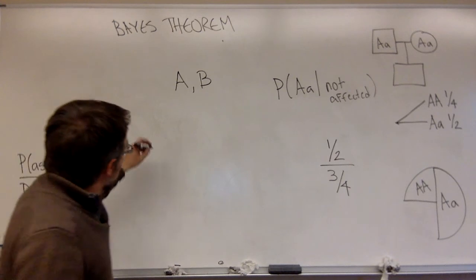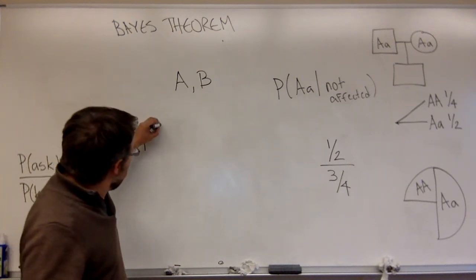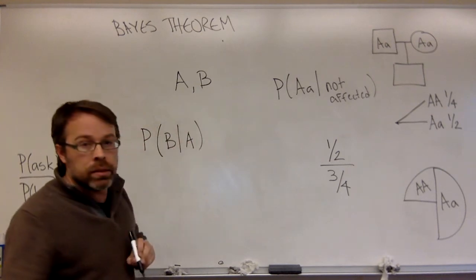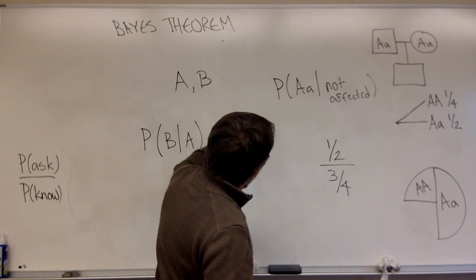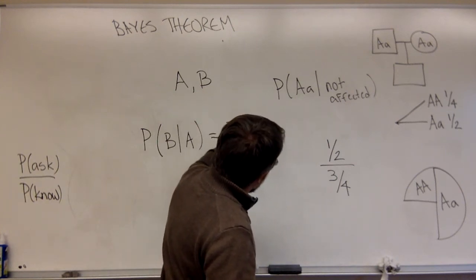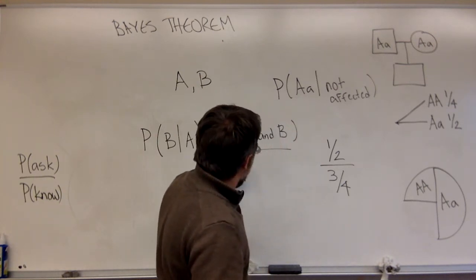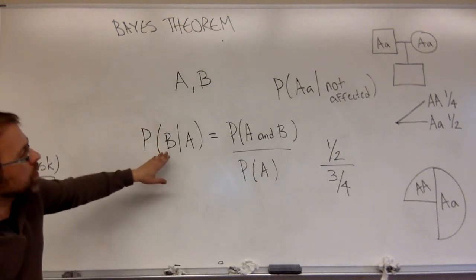So what we're going to say generally is the probability of B given A is equal to the probability of A and B divided by the probability of A. So see how this works, right?